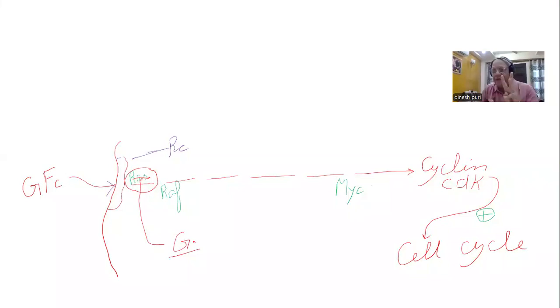So there are trimeric G proteins comprising three different subunits.